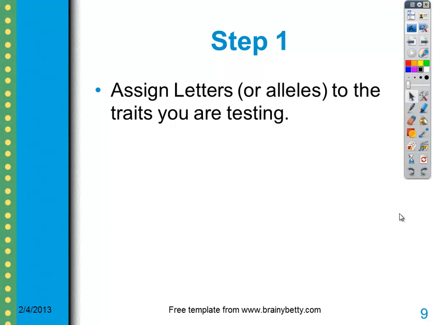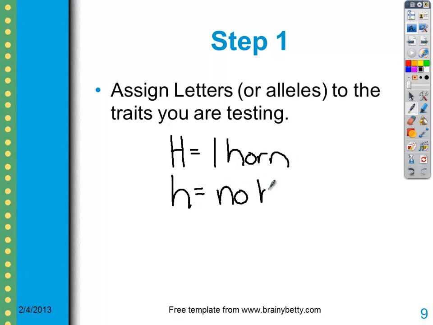So step one is to assign letters or alleles to the traits you're testing, and we just did that. We said that big H equals one horn and little h equals no horns. Okay, that was our first step.